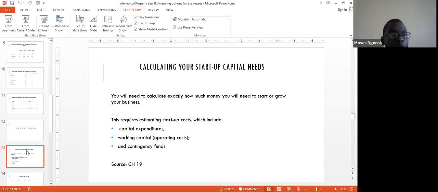So the first thing I'd do when I think of finances as a business is consider my capital needs, i.e., my capital expenditures. That is, do I need money to buy tangible assets like property, like equipment for my business? What kind of money do I need?